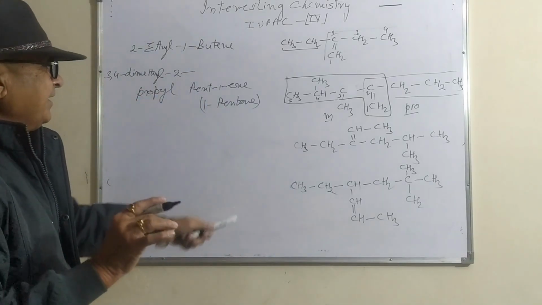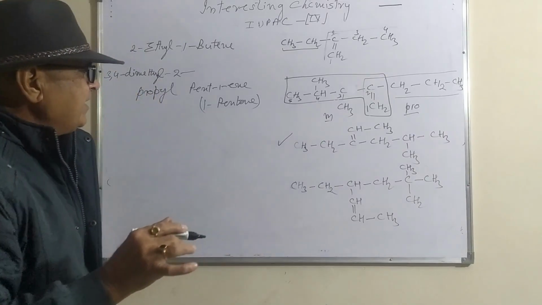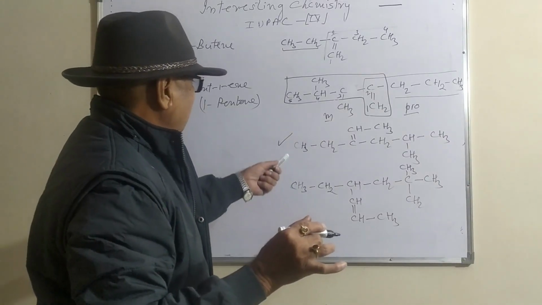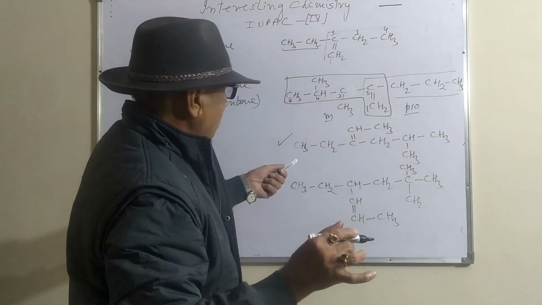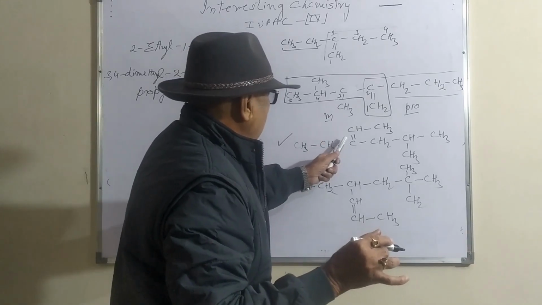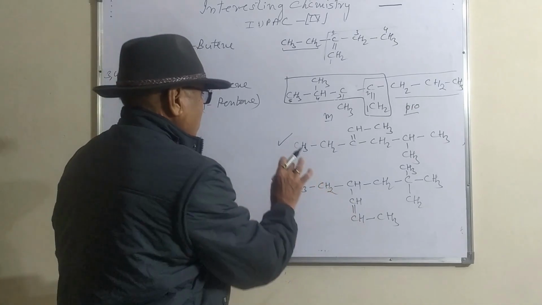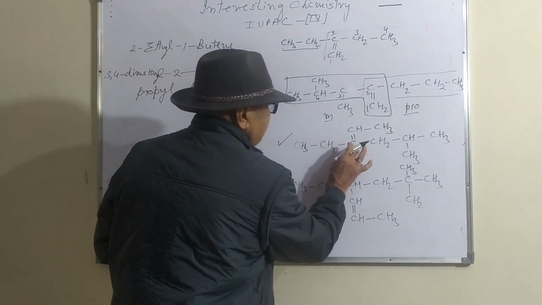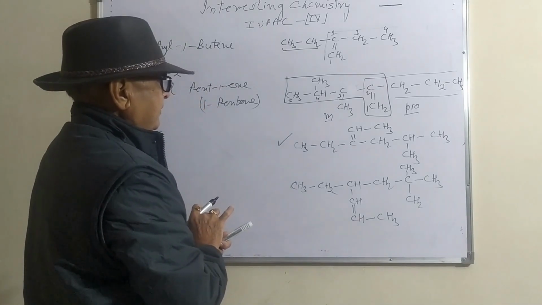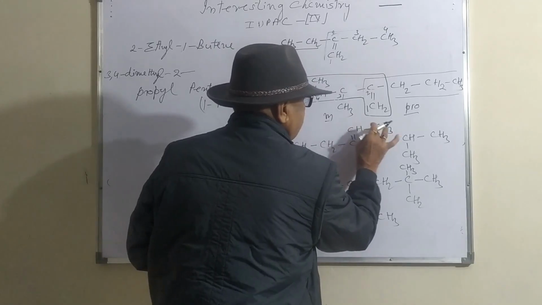So come to the third name. Here, this is the third. How will you write the name of this compound? Where is the double bond? Here it is. So include this double bond to select the longest chain. 1, 2, 3, 4, 5. And here 1, 2, 3, 4, 5, 6.